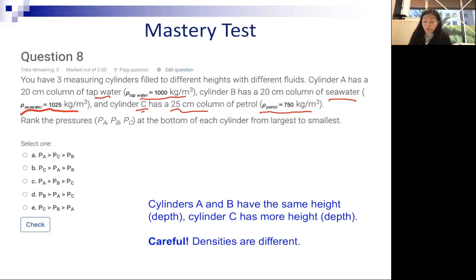All right. Of course, I'll let you answer this in the mastery test, but this is just one example of the direct application of what we've just learned about total pressure depending on the depth. But also you have to be careful and consider the density when you're looking at gauge pressure. Cool.